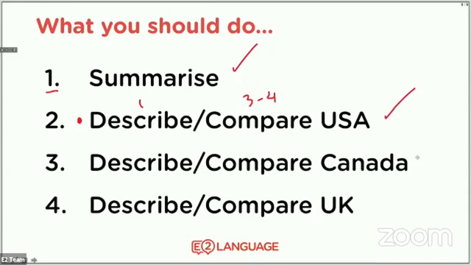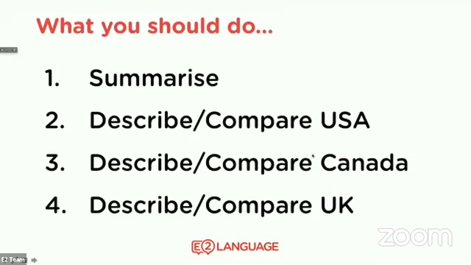You're going to do the same for Canada and the same for the UK. You're going to make some sort of connections between the countries. You know how we said Canada was similar to the US and the UK was similar to both the USA and Canada, except for Toyota. So we've made some connections back. We've done everything that the IELTS has asked us to do.